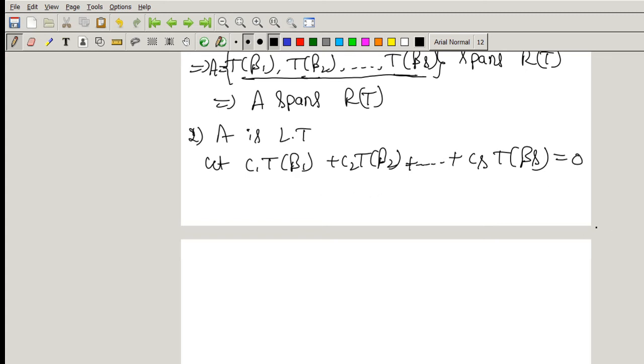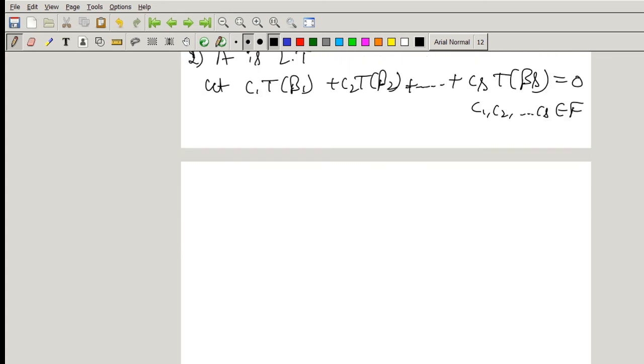Clearly, C1, C2, so on up to Cs belong to the field. And in fact, T is a linear transformation, which implies T of C into V is equal to C into T of V. Therefore, C into T of V can be written as T of C into V.